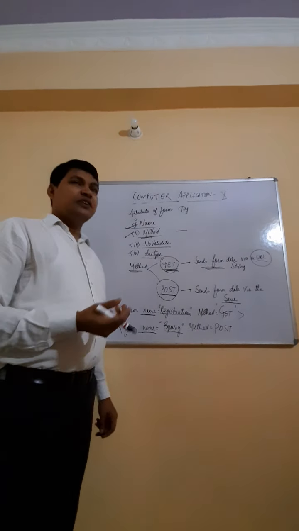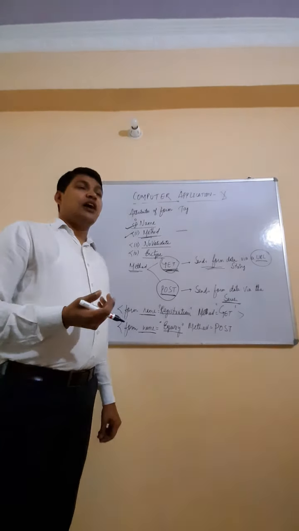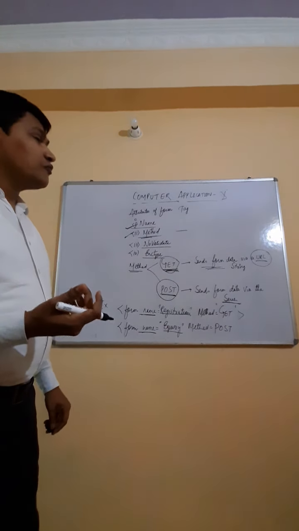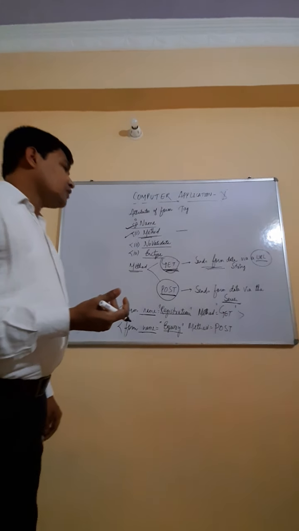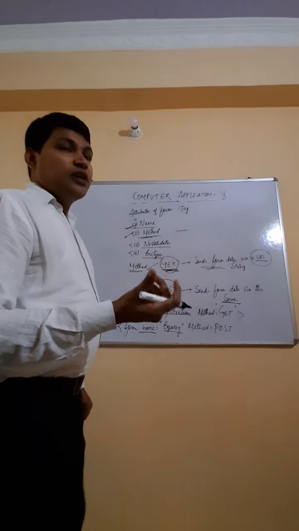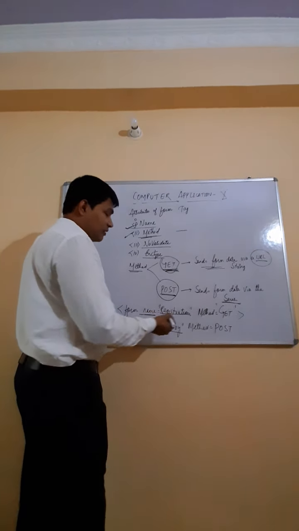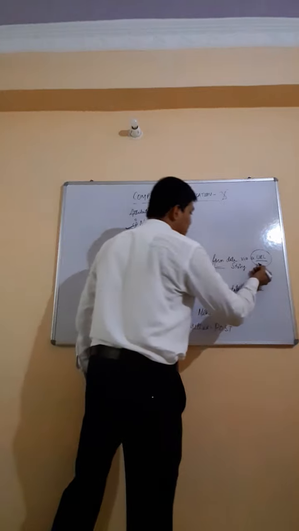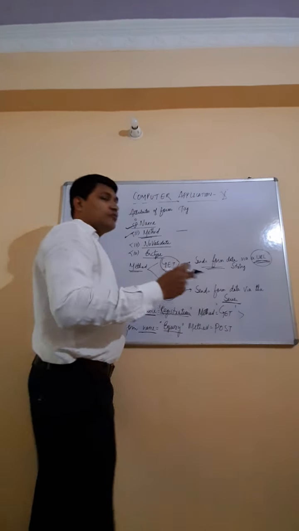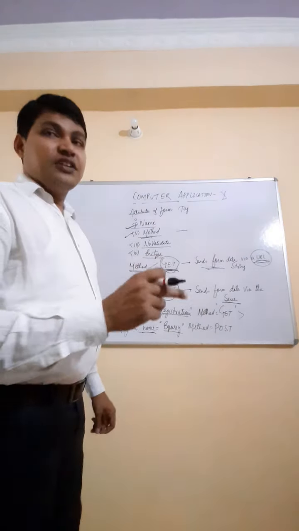When the database server gets the data, how can it know from where, from which file, from which form that data has come, and what the name is? It will be described with the help of the get method. If you define the get method, it will understand from this URL that the data has come.